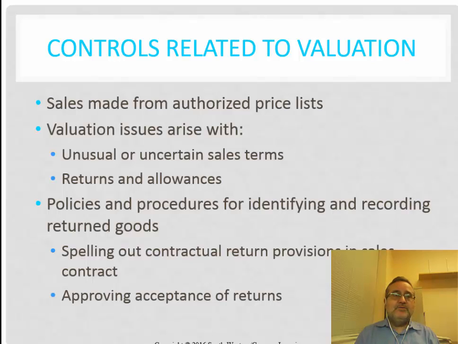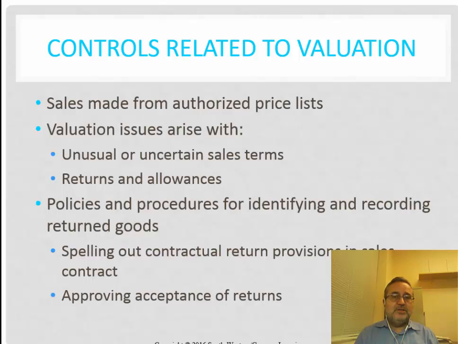Now what we want to focus on is valuation. So you notice the first item here is sales are made from an authorized price list. It's very important that there are specific controls related to authorized pricing at the sales personnel level. We probably will not be giving the sales personnel any latitude in terms of price discounts.